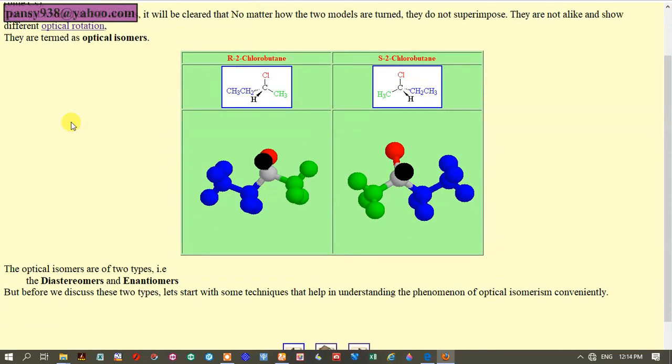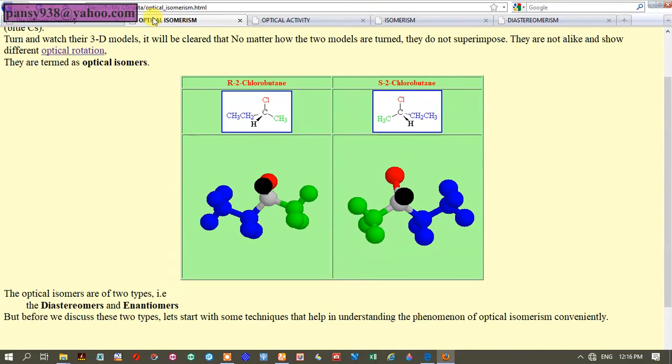The optical isomers may be of two different types, that is, the diastereomers or the enantiomers. The enantiomers have only one chiral center, while the diastereomers have more than one chiral center.